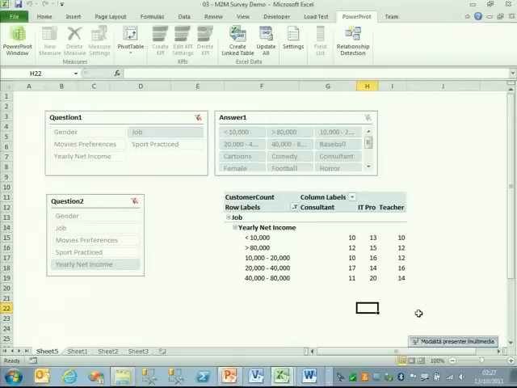One thing that is worth noticing is that slicers, even if they are working, that means I have selected yearly net income and I have selected job, are graying out everything. And the reason is that when many-to-many are there, the engine is not very good in understanding which row, which value is really working on the table.